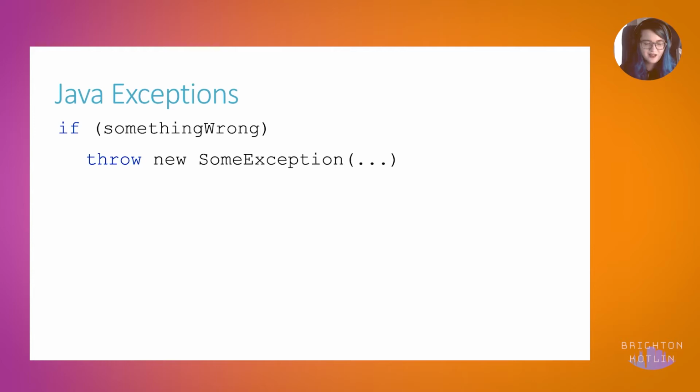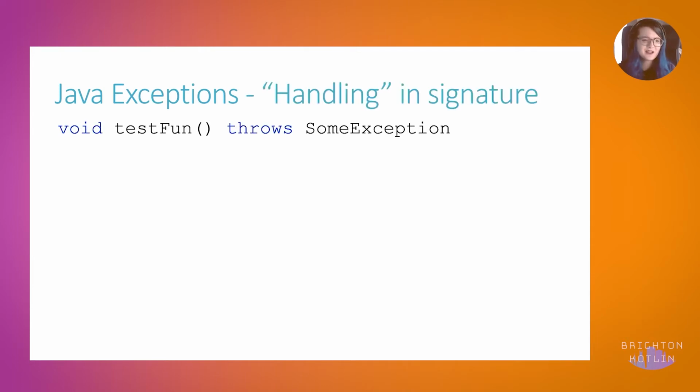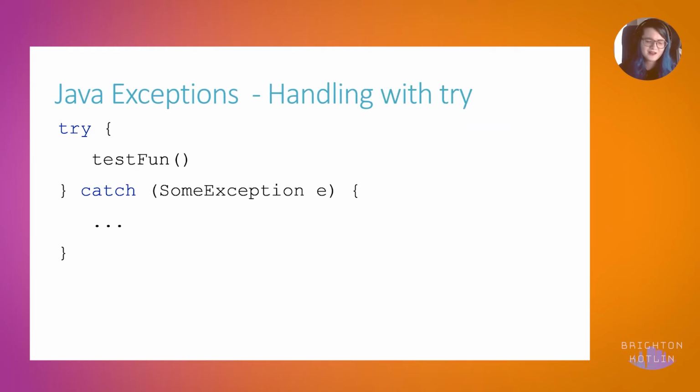Typically, when writing something in Java, we will write something like this. If something is wrong, throw some exception, and then mark in the method signature that this method will throw some exception. Then somewhere else, we will write our try catch finally and handle it.